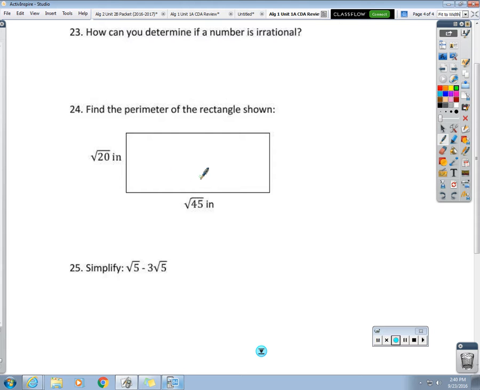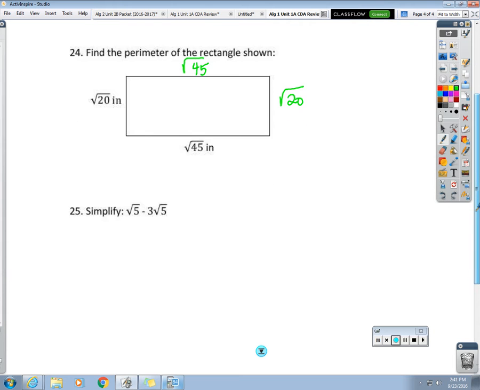Right, it's a rectangle, so that means this one's also the square root of 20, and this one's also the square root of 45. So, Jenny Beth said perimeter of a rectangle, you add up all the sides. So if I add square root of 20 plus square root of 20 plus square root of 45 plus square root of 45. Do they all have the same radicand?